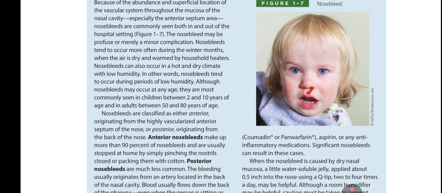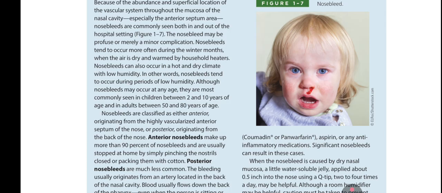So when anterior nosebleeds happen, it's probably because of trauma. Okay, so it's probably because of the weather. It's probably because of physical trauma, such as nose picking and blowing it too hard, for example. And what else?